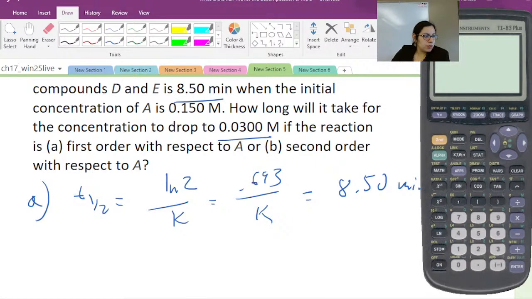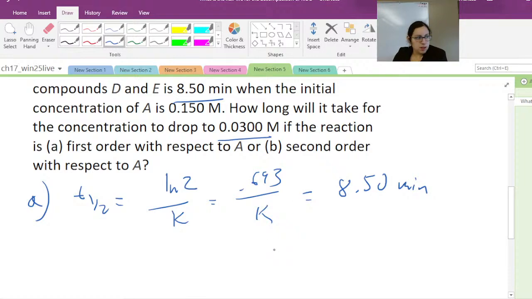So then now if we solve for k, I get a k of 0.0815. So that's going to be per minute.